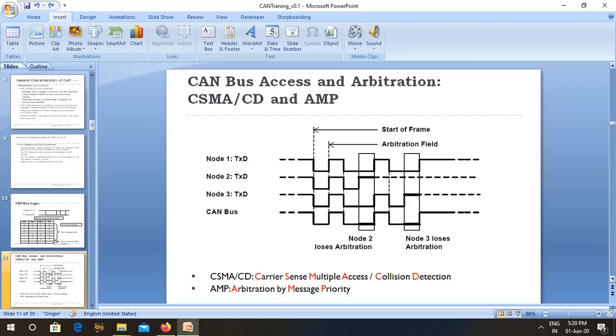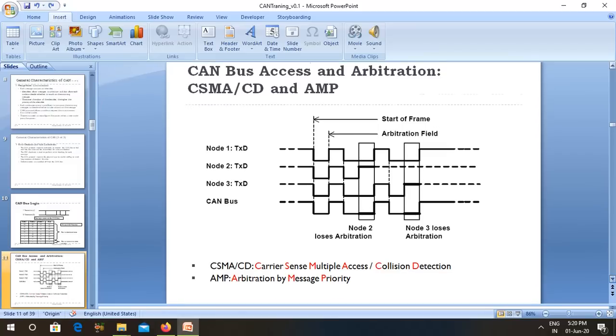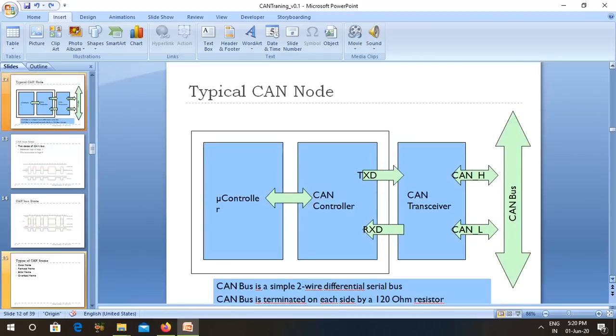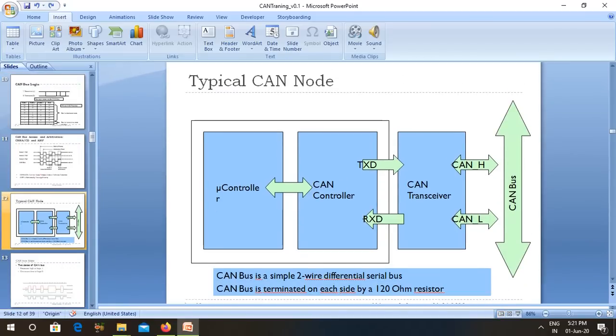The result is dominant because it is a wired AND, so the bus is in the dominant state. Here node 3 loses the arbitration and node 1 wins. This is how bus arbitration works in the CAN standard. It is purely based on the identifier you have and the wired AND operation performed.